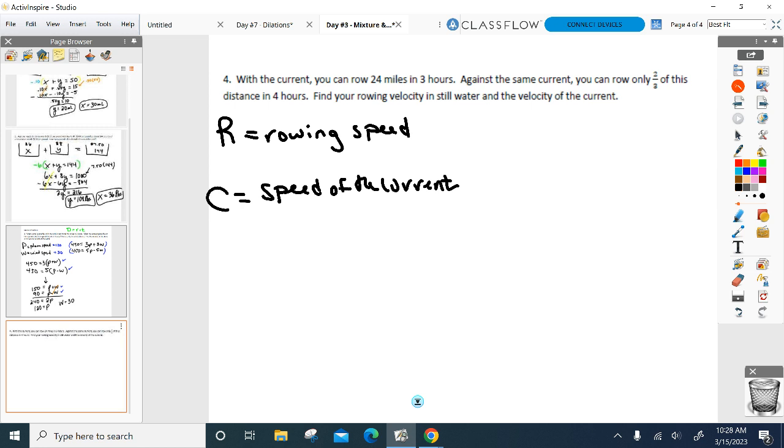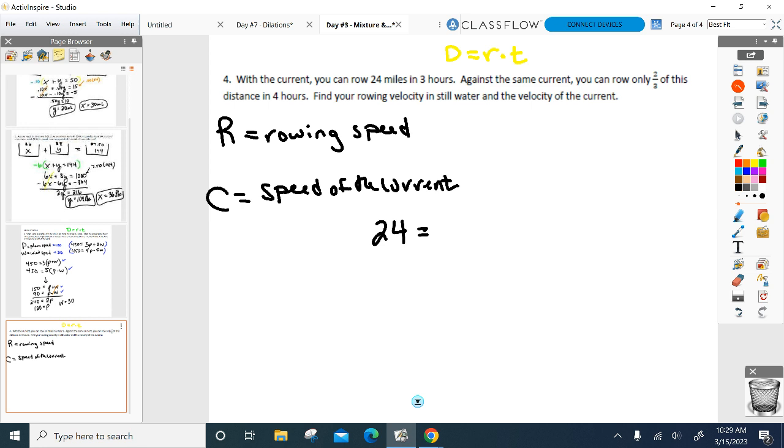Always keep in mind, if you forget, anytime we're doing these motion problems, distance equals rate times time. All right, ready? Let's go with the current. With the current, what's my distance? 24.